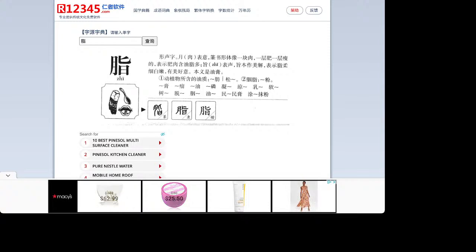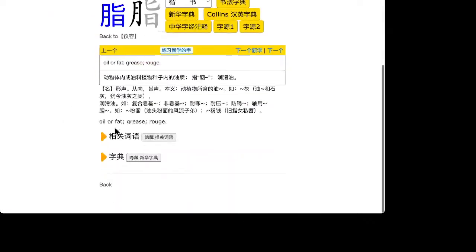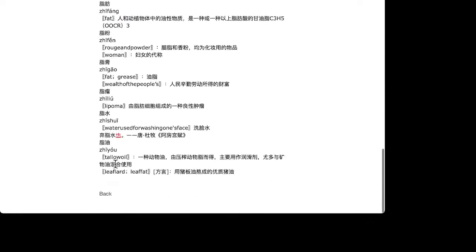Nowadays people like lean meat, but back in the day, maybe there wasn't so much fat in the diet, so much grease, so you need a bit of that in the fatty meat. So you see, like 脂肪. 脂肪 is fat, or 脂蛋白 is lipoprotein. 脂膏, anything related to fat and oil.